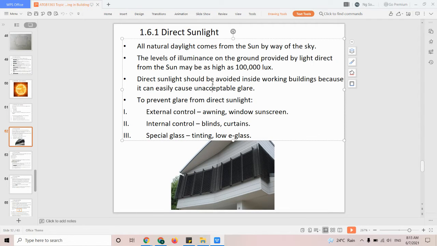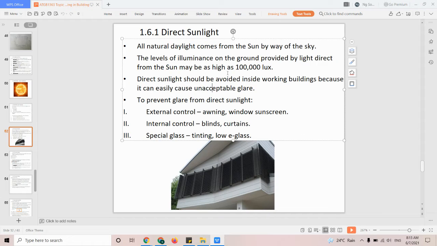When it comes to calculation and modeling, we know that the sun, if you look at it directly, is very bright, and it can cause your eyes to go blind. Therefore, we do not look at it directly.